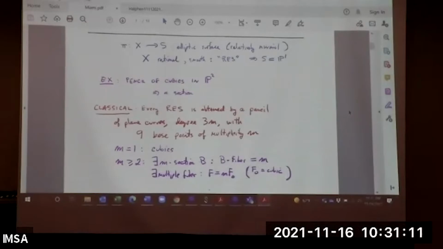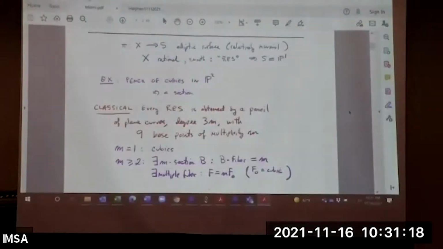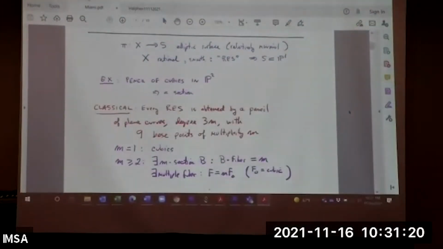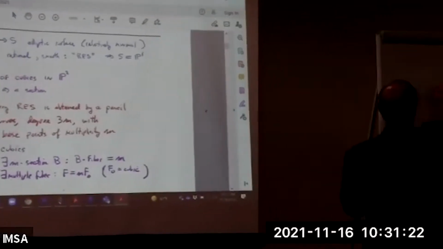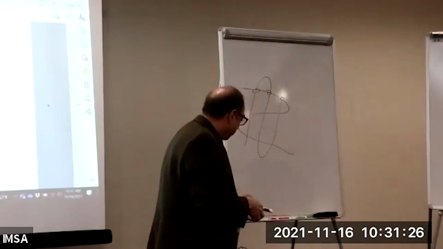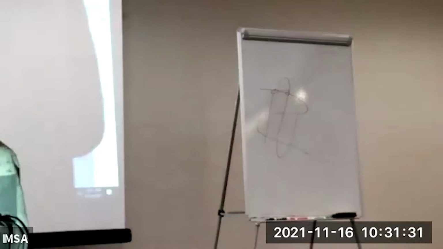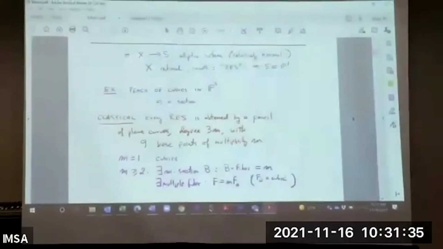The canonical example of producing such a surface is to take two cubics in the plane, and they will intersect generically in 9 points. The 2 cubics form a pencil of cubics. You blow up the 9 base points, and you get a fibration.